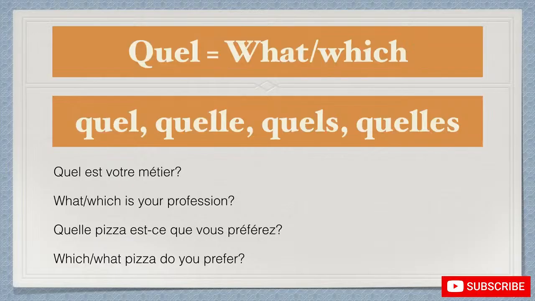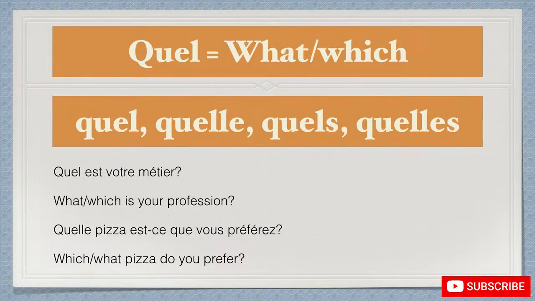And then we have a more specific what. Whenever you can equate what with the word which, then we use quel. Whenever you can't, then we use que. For example, I could say what is she doing, but I can't say which is she doing. It doesn't make a lot of sense. So it has to be que.